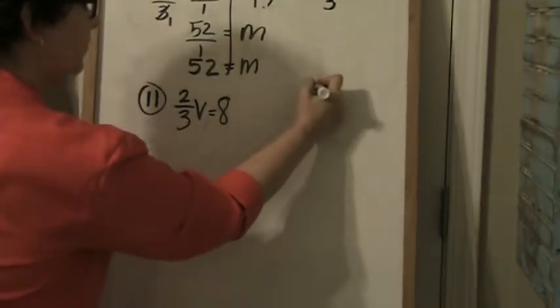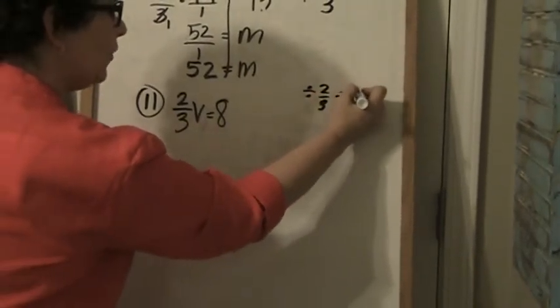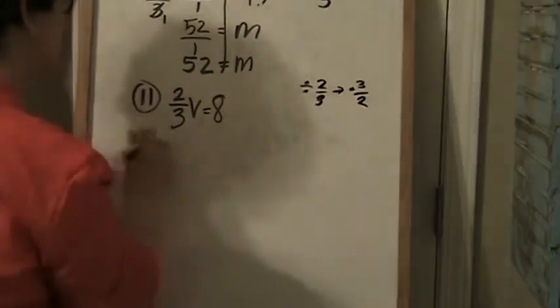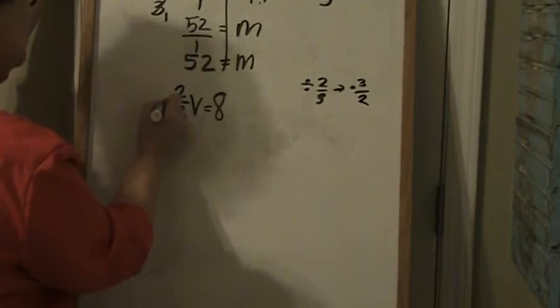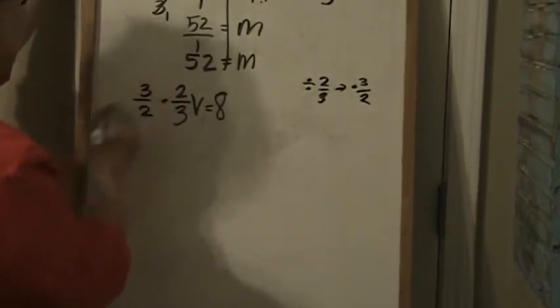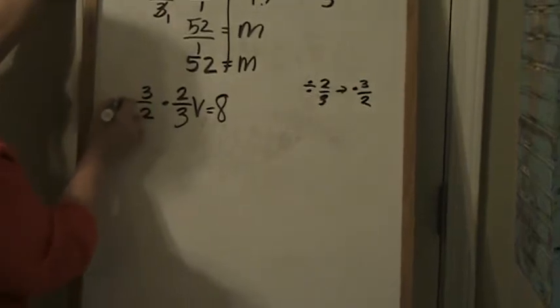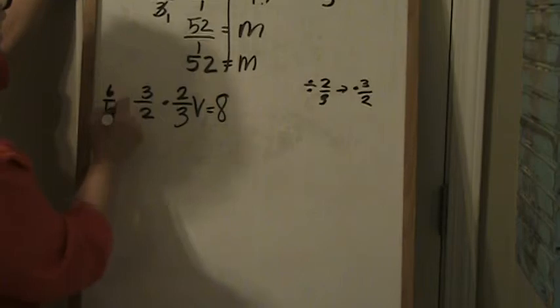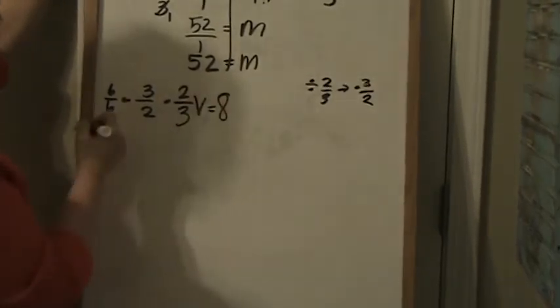And if I divide by 2/3, remember, I'm actually going to multiply by 3/2. I'm going to move my 11 out of the way. So if I multiply by 3/2, if you look at this right here, guys, that'll give me 3 times 2 is 6/6, which is 1. So that makes sense because that leaves me with 1V.